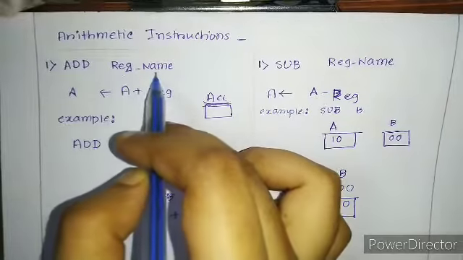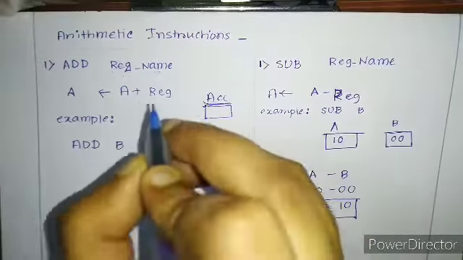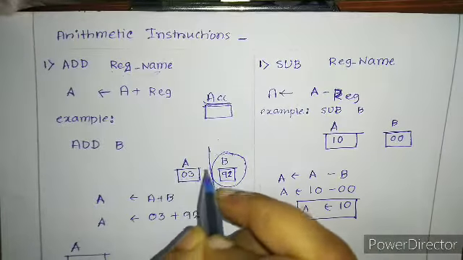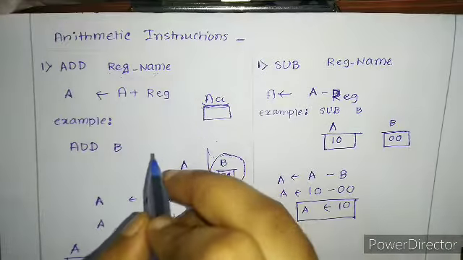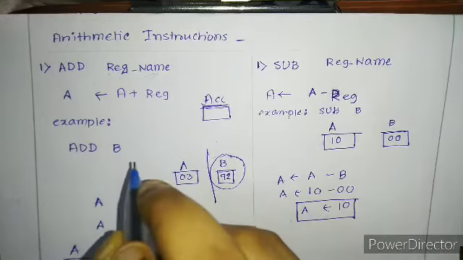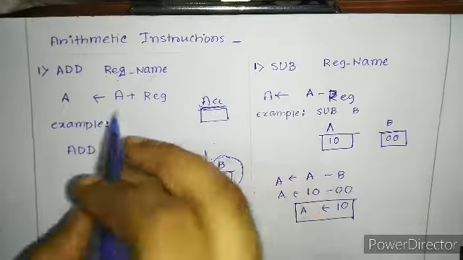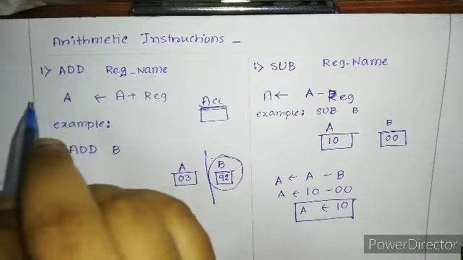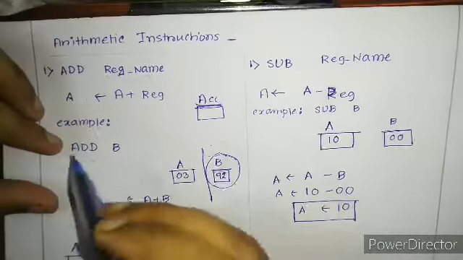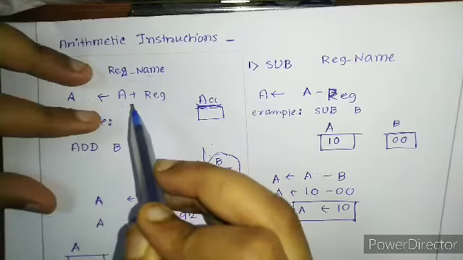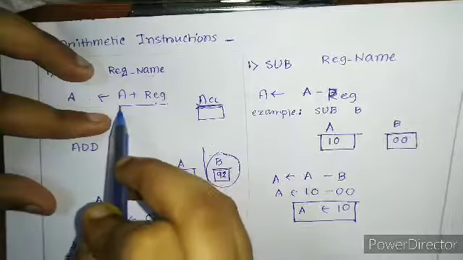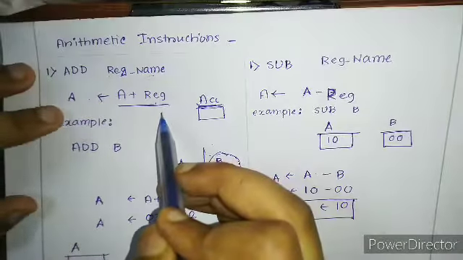When you are giving one register name, this means that one number is stored in a particular register, suppose B, but we need another number too. So where could it be? Obviously it is in the accumulator. So whenever the syntax is ADD register name, this means the value in the A register plus the value in the register you mentioned, and the sum will get stored in the accumulator.